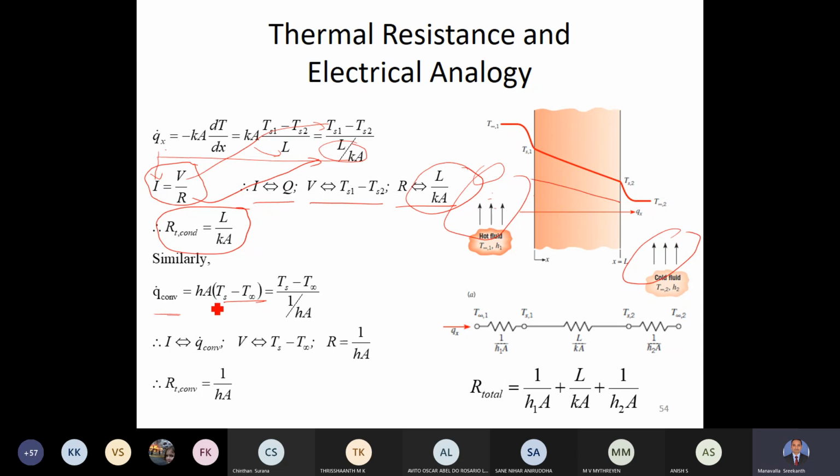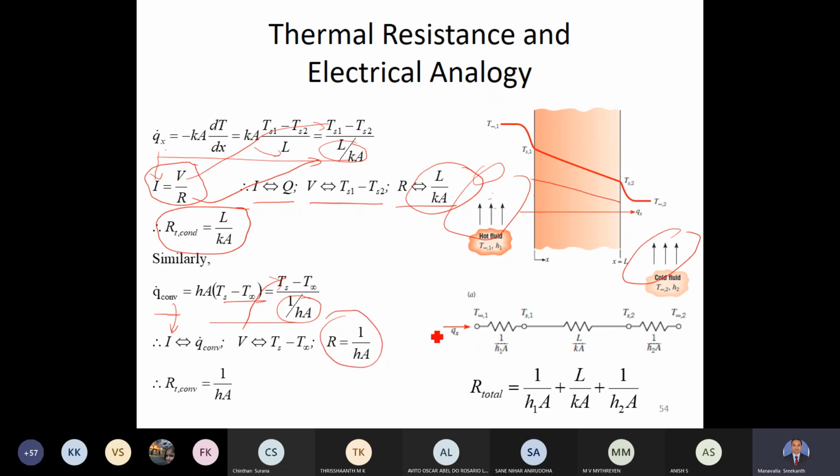So if you bring hA to the denominator, it will be thermal gradient divided by 1 by hA. According to the electrical analogy, if convected heat is equal to the current, and the potential difference is equal to the temperature difference, then the electrical resistance should be equivalent to the thermal resistance. So R is equal to 1 by hA.